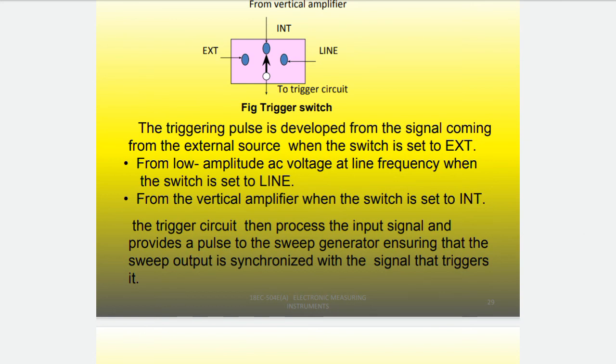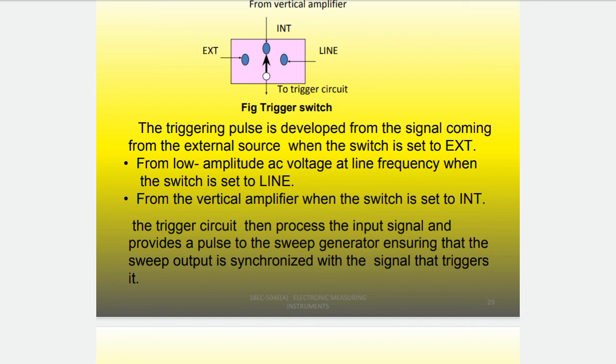The trigger circuit then processes the input signal and provides a pulse to the sweep generator, ensuring that the sweep output is synchronized with the signal that triggers it.